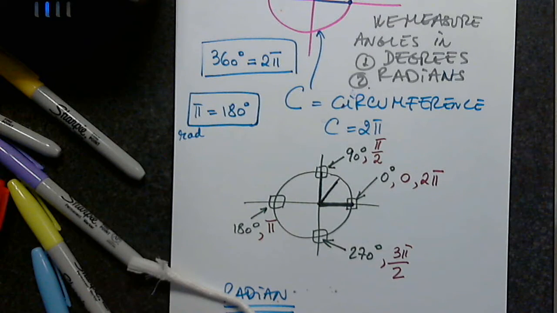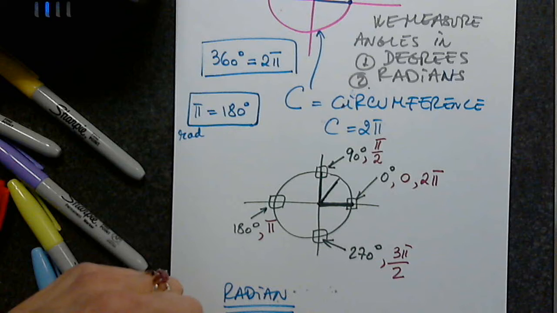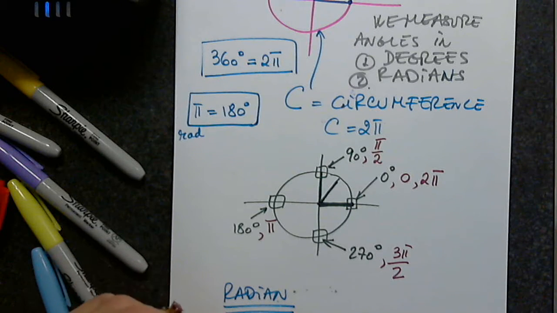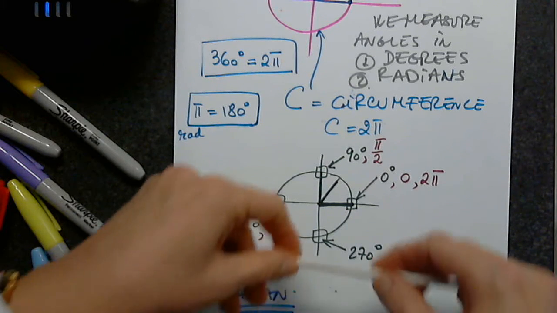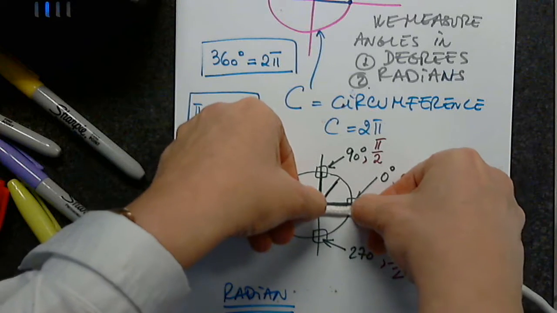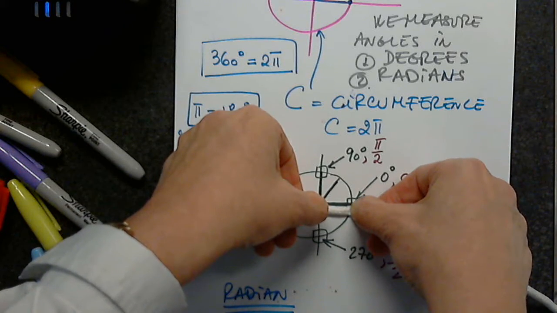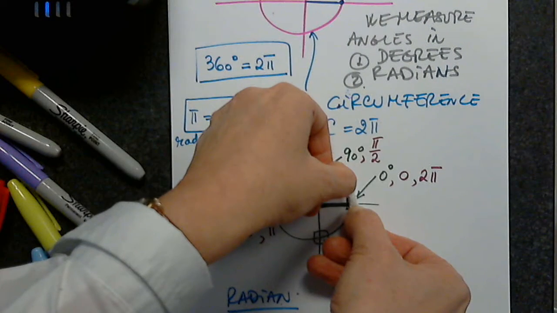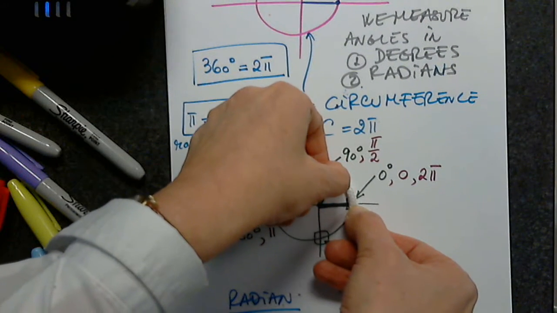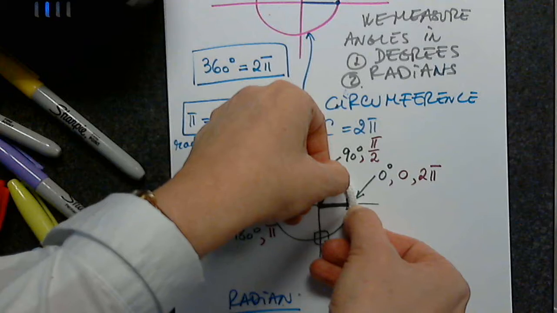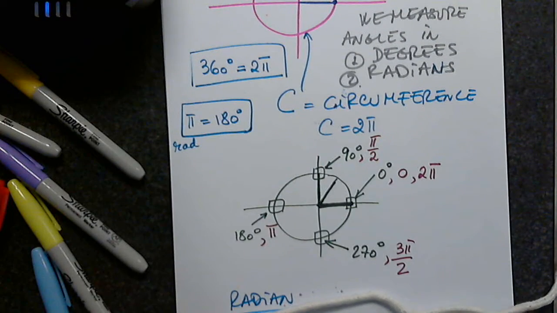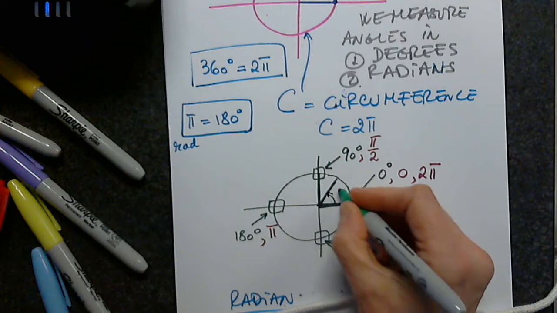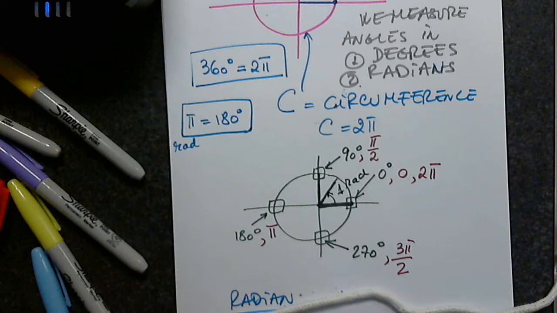Okay. You realize what I just did? No. Okay, here it is. Is this the measure of the radius? Yeah. And I put it on the circle. Is this the same measure? Yes. Okay. So this is an angle of 1 radian. So what is 1 radian?